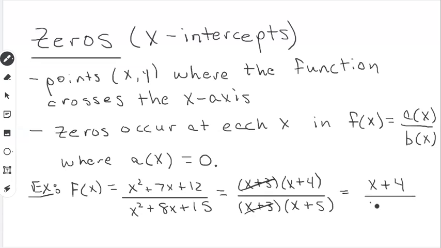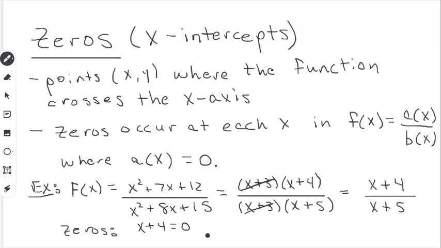So what we're going to do with this function is find its zeros. The way you find the zeros is, remember, you have to set the top equal to 0. So I'm going to take the top of the fraction, set it equal to 0, and solve it for x. So I get x plus 4 equals 0.